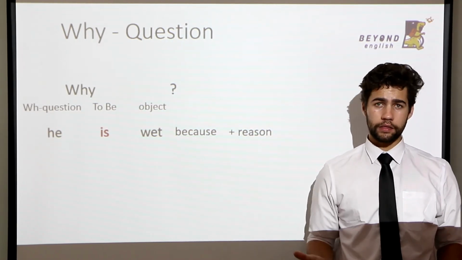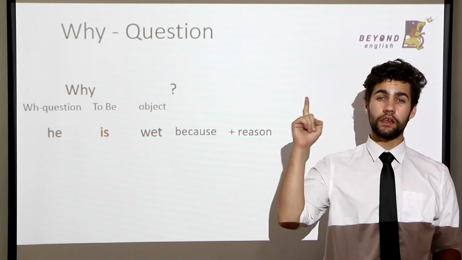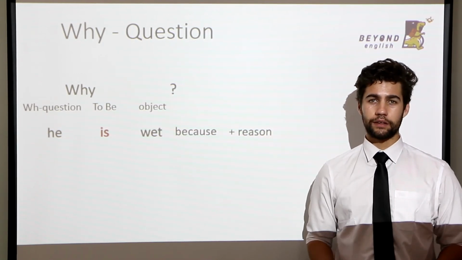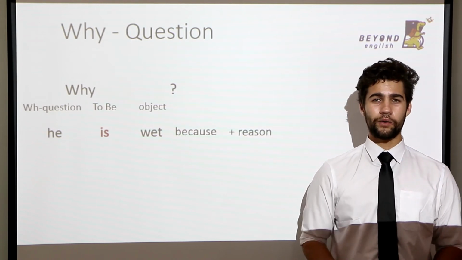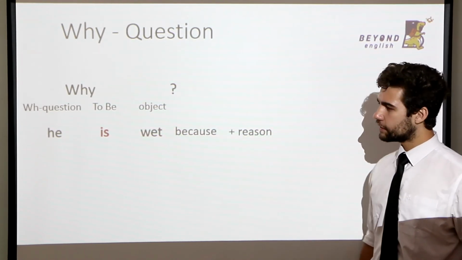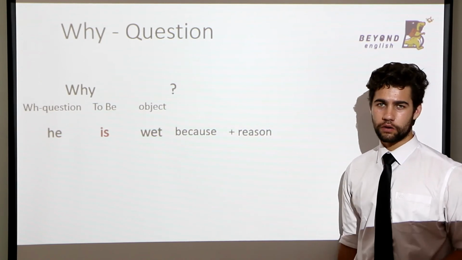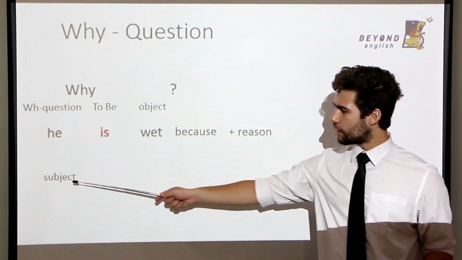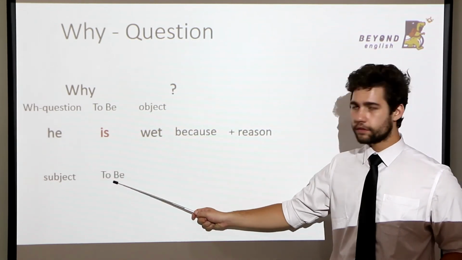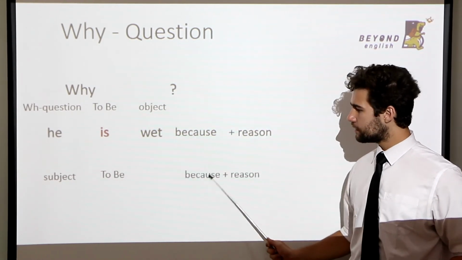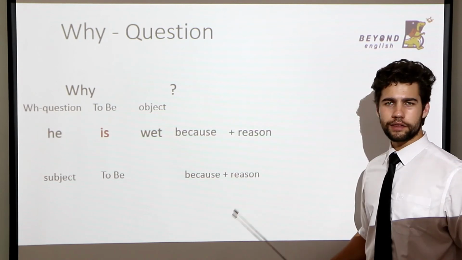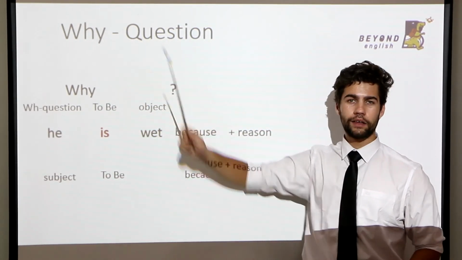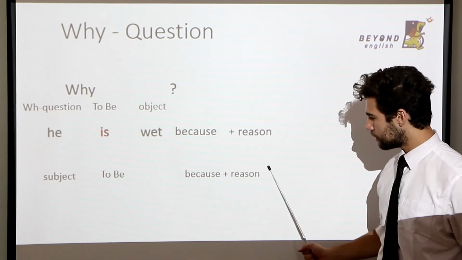He is wet because it is raining. Okay, there you go. Now, let's take a look at our answer structure. So it is the same as before. Subject, verb to be, and because plus a reason. So remember, with why, we always have a reason.